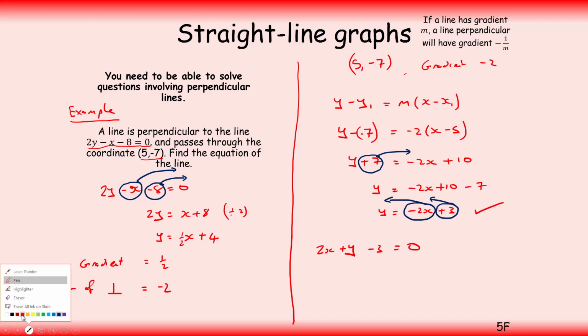And in red pen, so either of those, y equals minus 2x plus 3 or 2x plus y minus 3 equals 0 is the equation of the line. So hit pause, make some notes, and when you're ready to move on, hit play again.